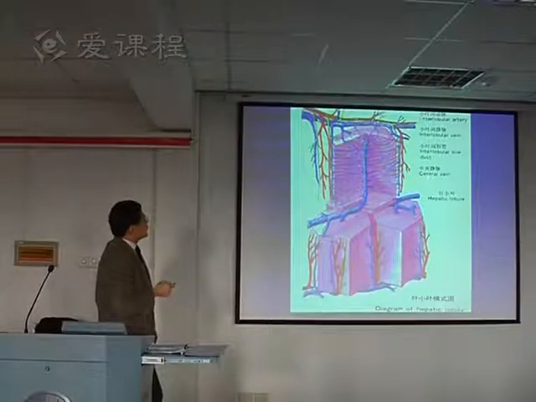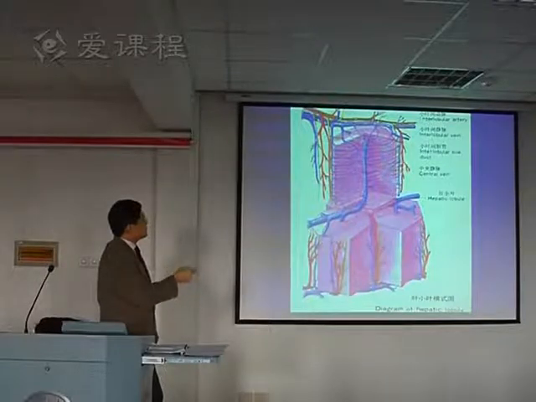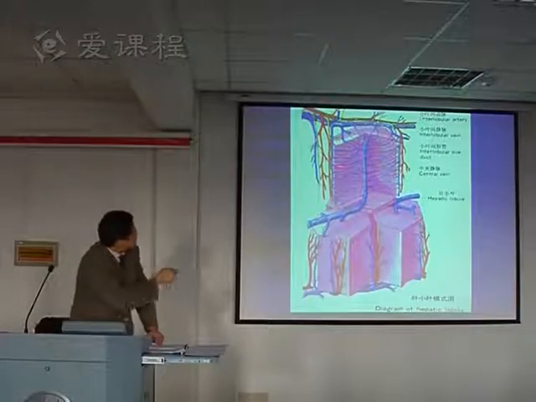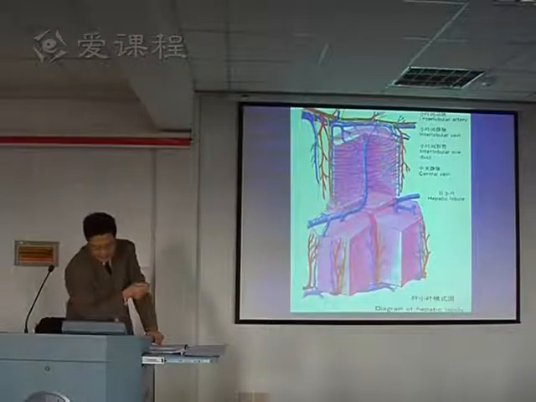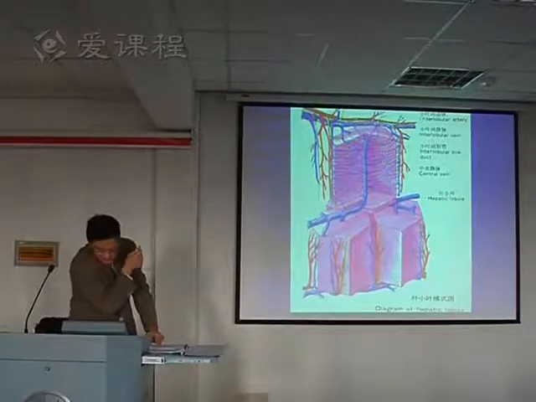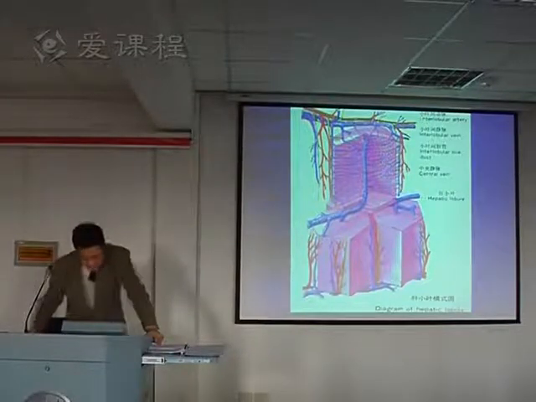The central vein is at the center. If we slice this, then the last picture.